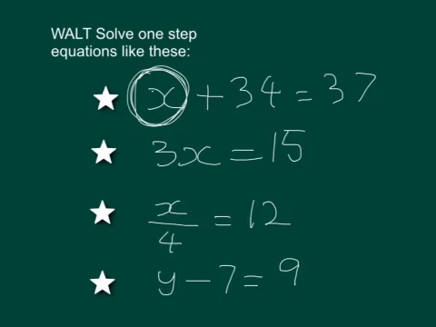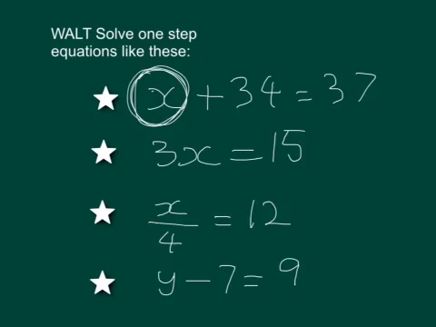The second one, 3 times a number, x, is 15. The next one, a number divided by 4 is 12. Remember that when we're doing algebra, we use the fraction sign to say divides.